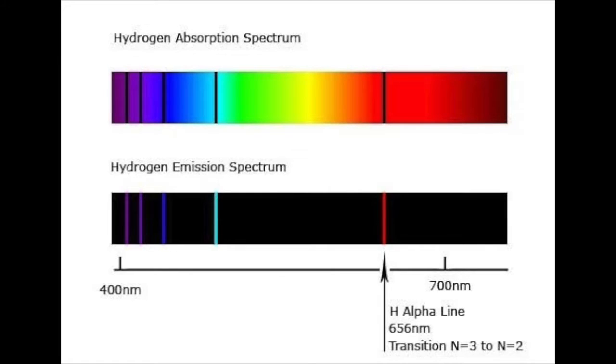The orbits in these two atoms are at different distances from the nucleus. Therefore, the energies of the electrons in the two atoms are slightly different. An electron jumping from the third level to the second level in a hydrogen atom may produce a red color.